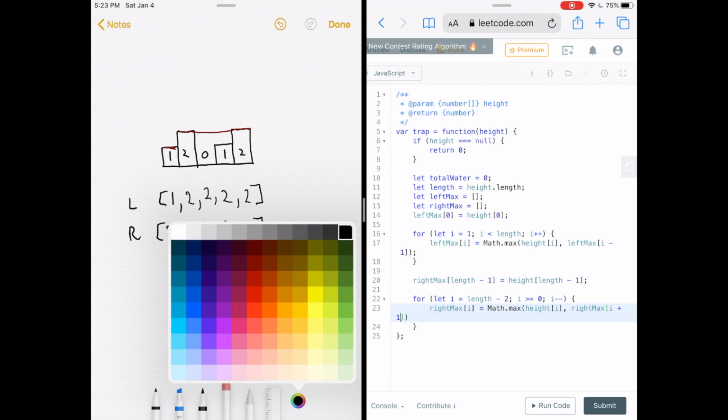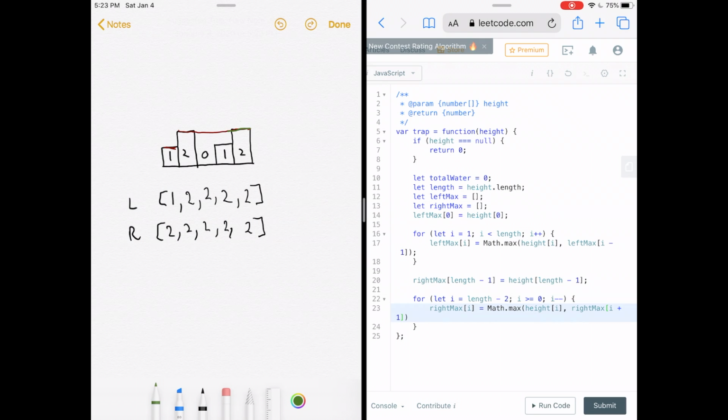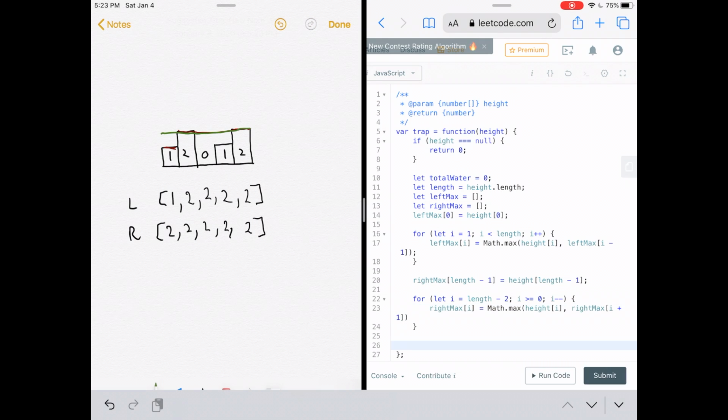And to visualize it, that would look like this. All right, so that gives us the maximum potential values going from left to right and right to left. So now all we have to do is find the minimum of those two values and subtract the height of the actual building there to get the actual height of the water.